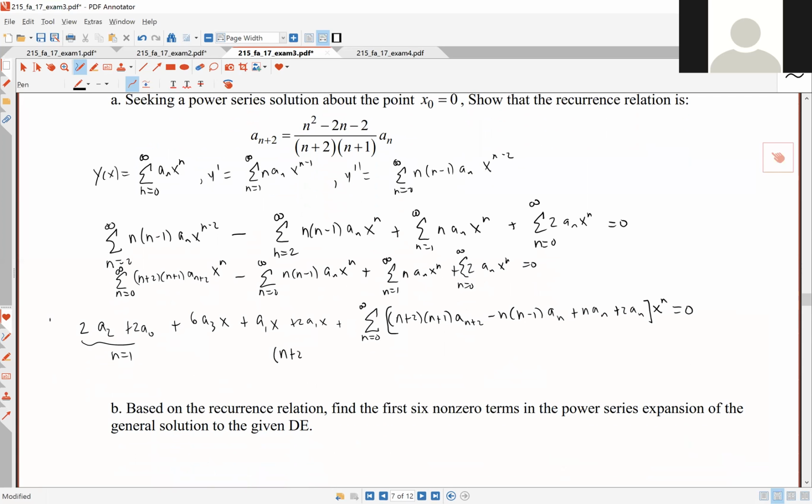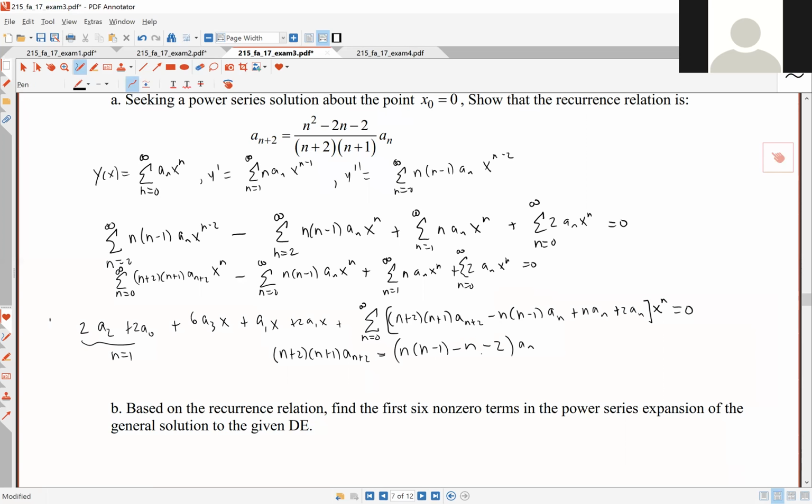Those are all a sub n, so I'm going to bring them to the other side as positive n(n minus 1) a sub n minus n a sub n, and let's go ahead and factor out the a sub n as well. Minus 2 a sub n.